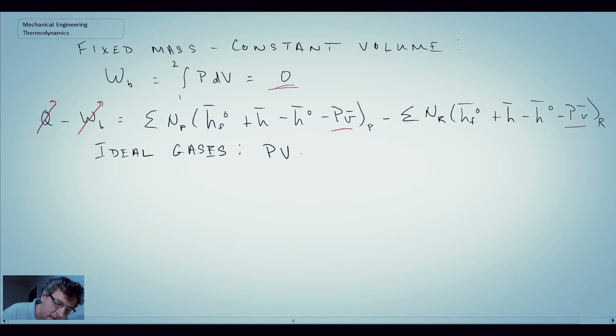On a per mole basis, we divide through by the number of moles, and what we get is specific volume per kilomole equals RuT. And RuT is something we can easily measure, temperature, so we can plug it into that equation and clean it up a little bit. So let's do that.